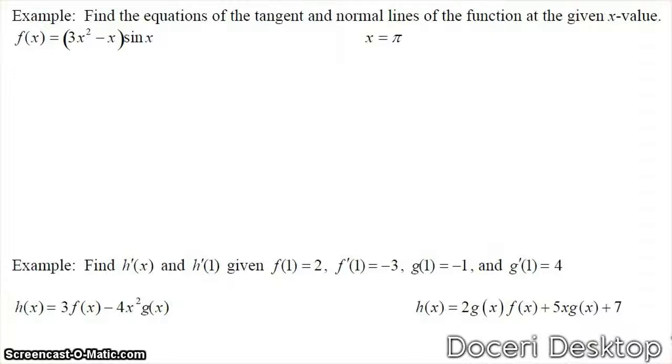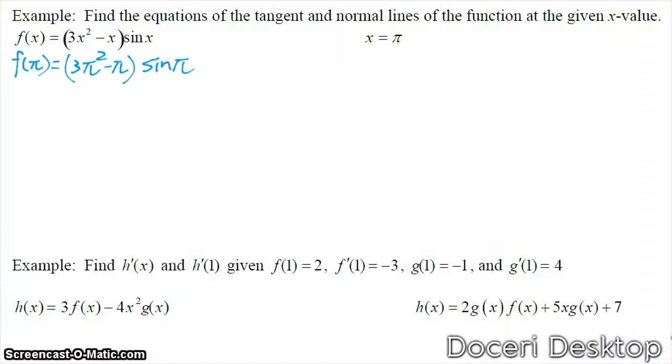Okay, so let's plug it in. x equals pi, therefore let's plug in pi. So f of pi becomes 3 pi squared minus pi sine pi. Sine pi basically tells you that it's 0.